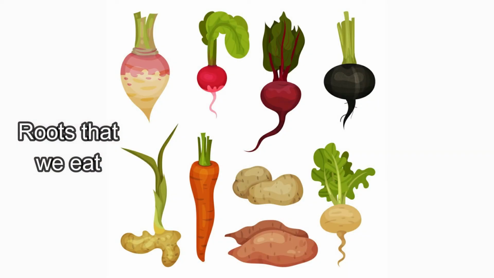Onions, potatoes, carrots, beetroots, tapioca, garlic, small onions, all these things are under the soil, okay, the roots. Okay, there are much more which you will learn slowly, but for today's class we will learn this. These are the various roots that we eat.